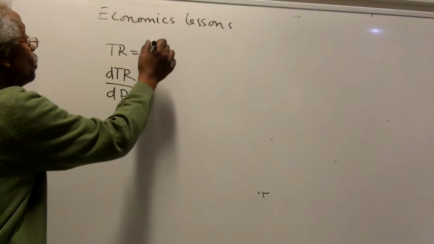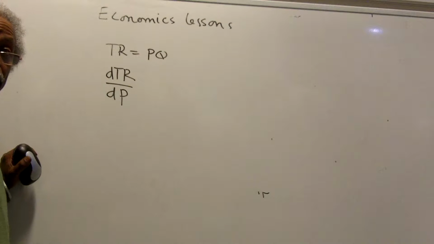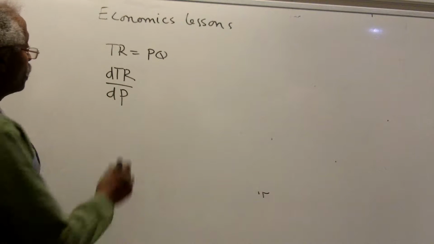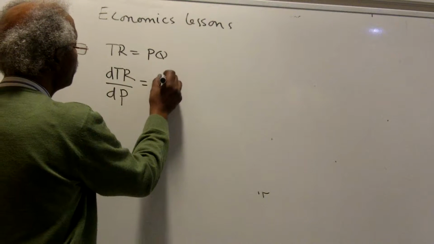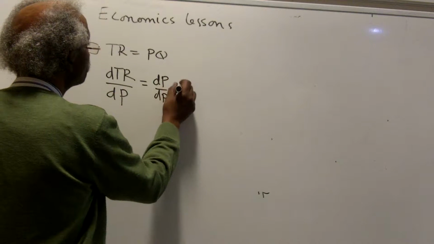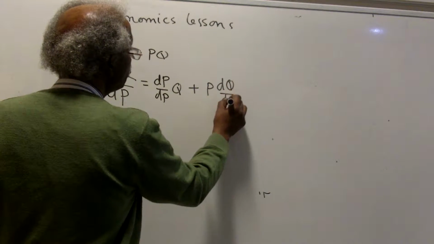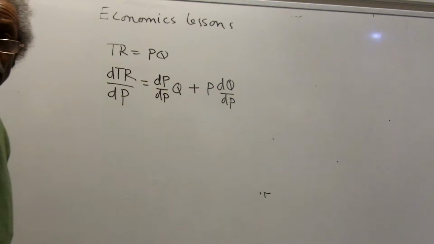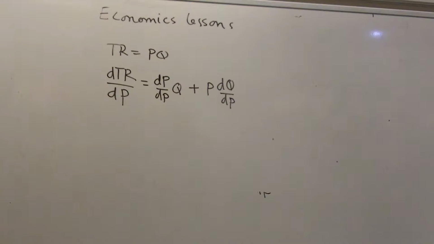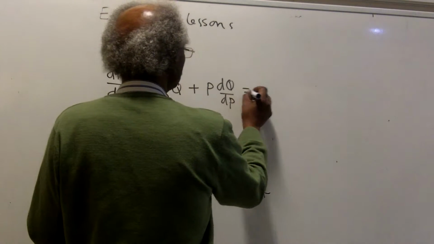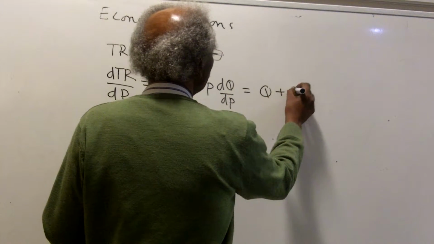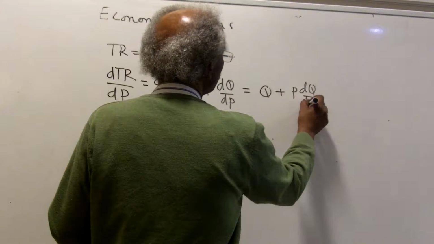And here I'm going to use the product rule. Differentiating with respect to P, you do the product rule. dP by dP times Q plus P times dQ by dP. That is the product rule. Okay? So this is equal to Q plus P dQ by dP.